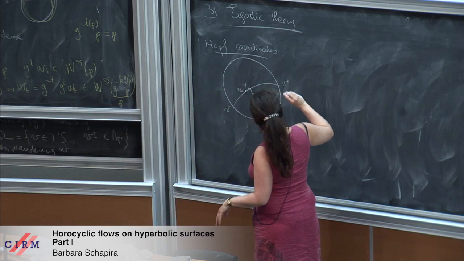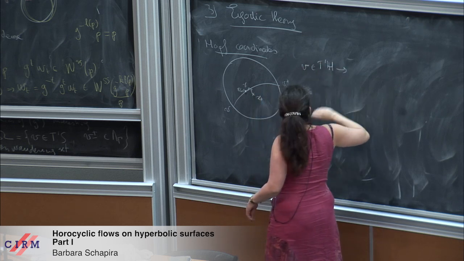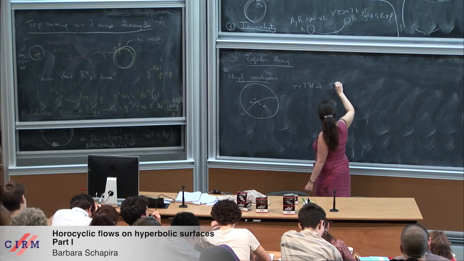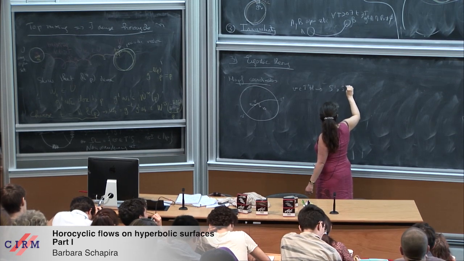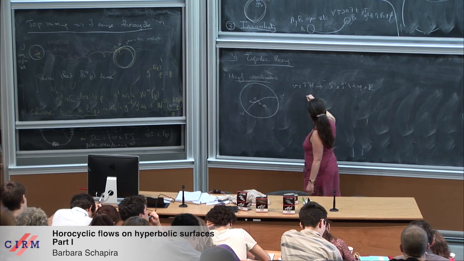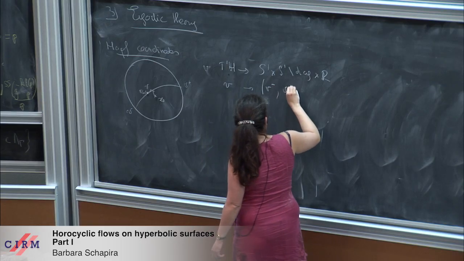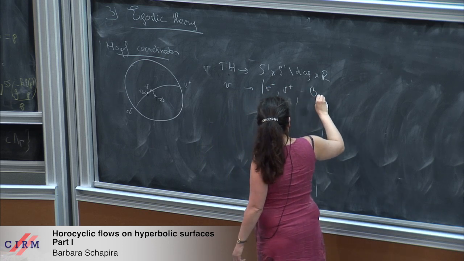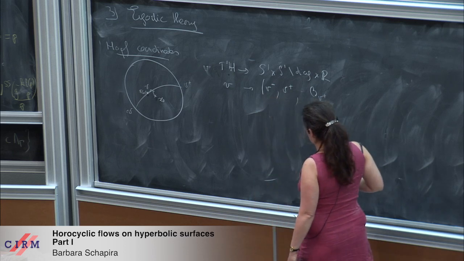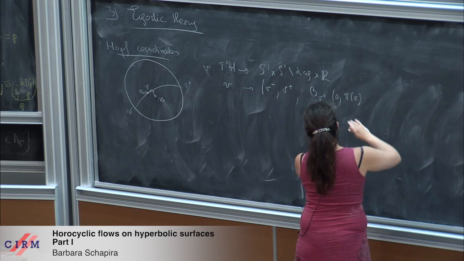But there is another way, which is equivalent, to give a homeomorphism between the unit tangent bundle of the hyperbolic plane and the boundary times the boundary minus the diagonal times R, which is the following. For a vector v, I associate v minus, v plus, and the Busemann cocycle.